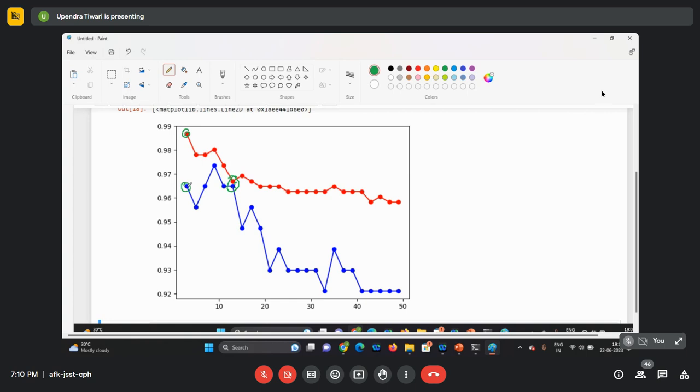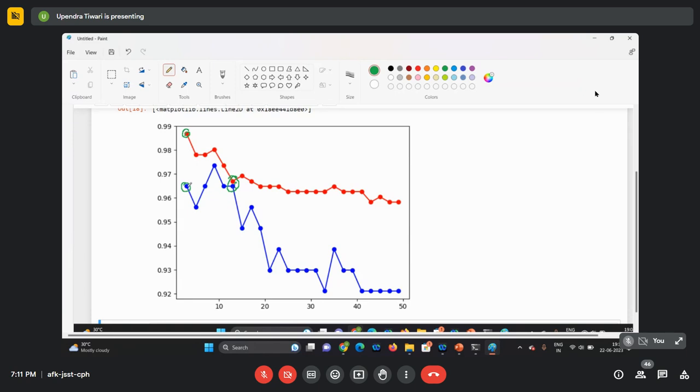So whenever we try to get the best right fitted model, the first primary requisite is that both of them should have high accuracy. And what is the second requisite? The second requisite is that they should be very close to each other.